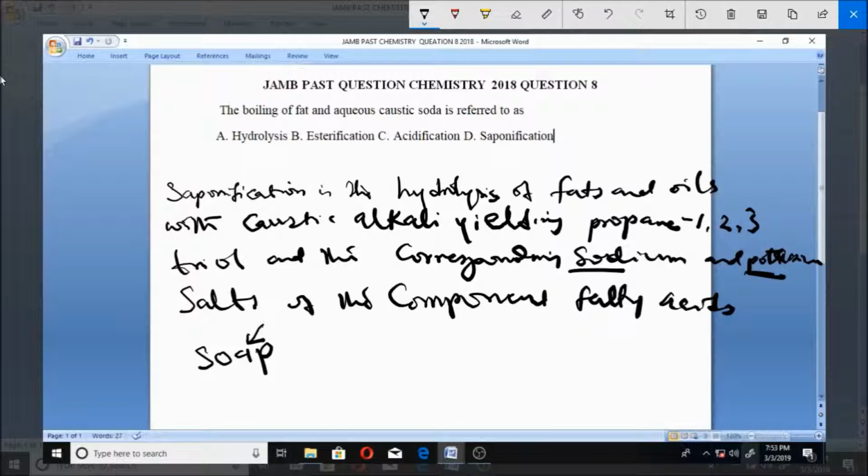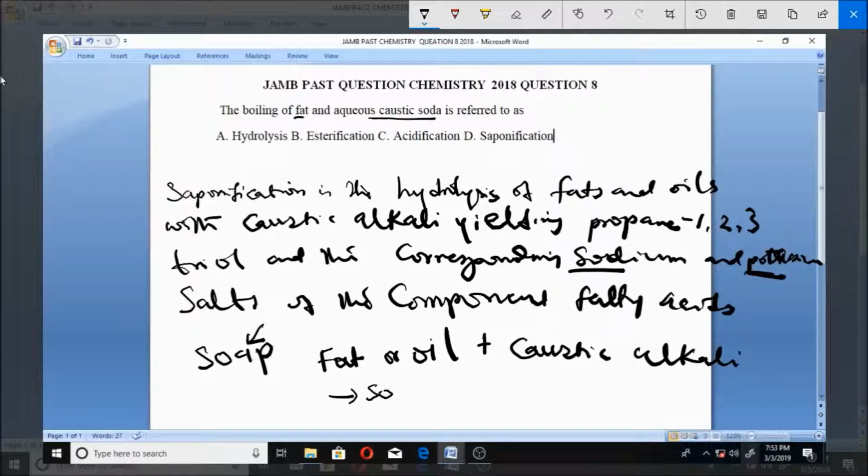So in saponification, what happens is you have your fat or oil. In this case, we are using fat. So fat or oil plus caustic alkali, in this case aqueous caustic soda. If you have these two combined, you're going to have soap, and you know that soap is the sodium and potassium salts.